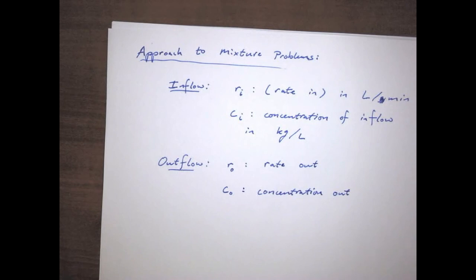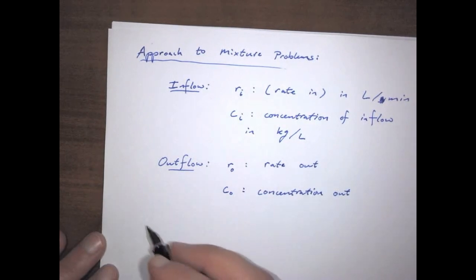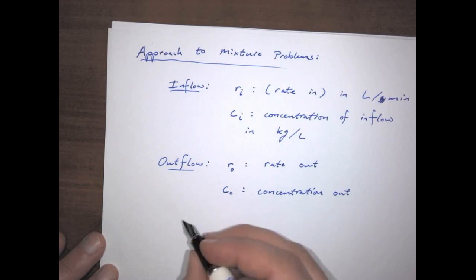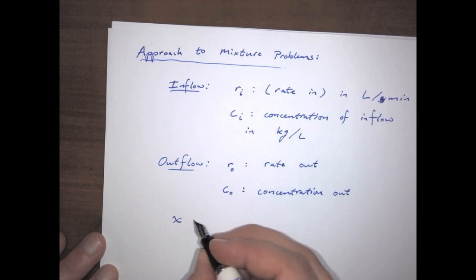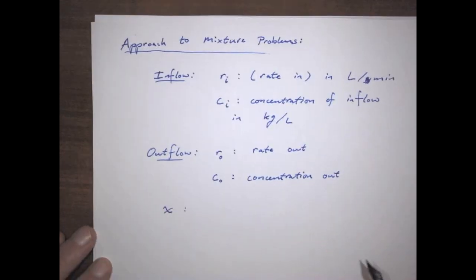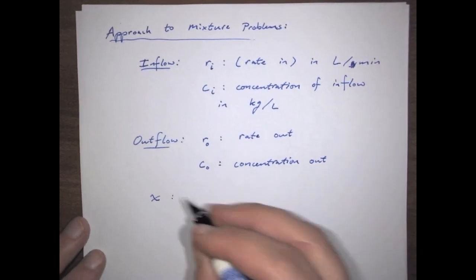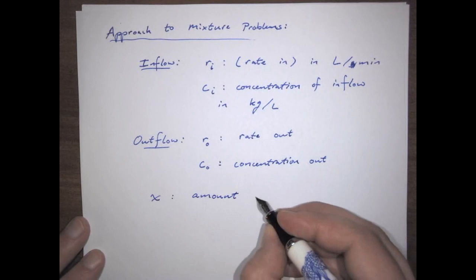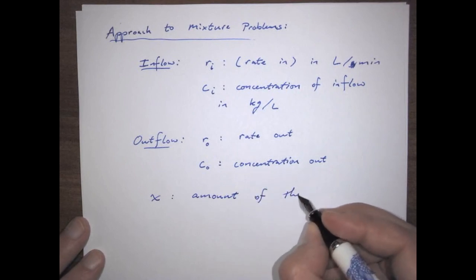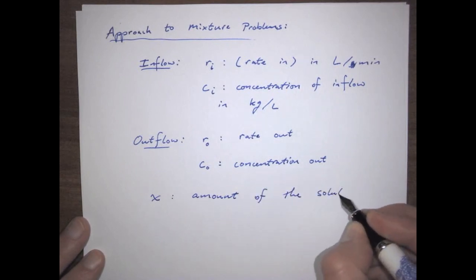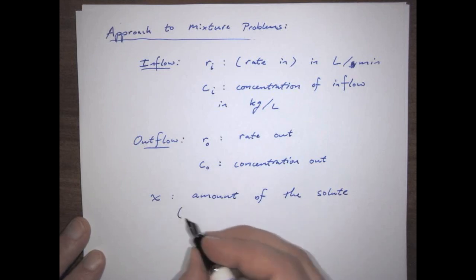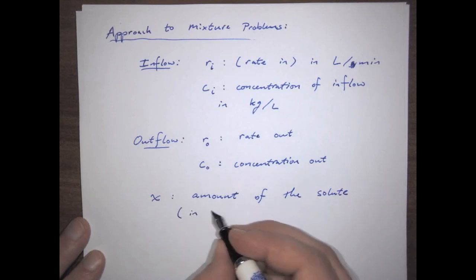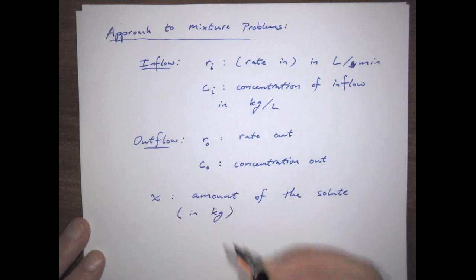Then basically the overall setup here, so X is going to stand for the amount of the solute. And that's going to be, in this case, in kilograms.